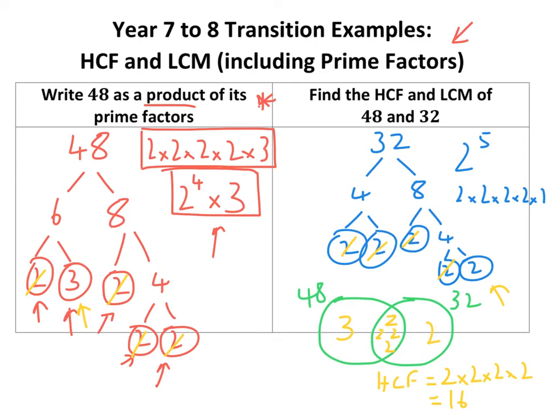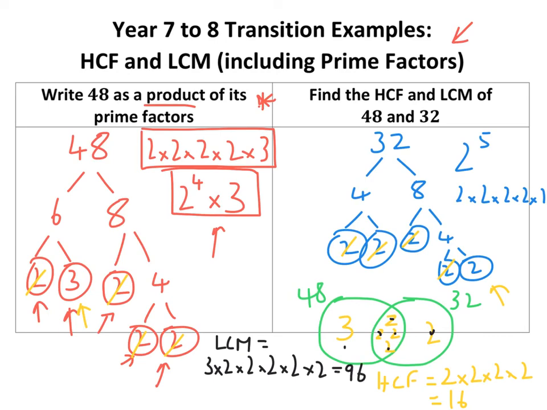Right, and the lowest common multiple, I multiply all the numbers I can see. So 3 times 2, 2 times 2 times 2 times 2. So 3 times 2, that 2 times 2 times 2 times 2 times 2. Alright, so ultimately I get 48 times 2, which is 96.